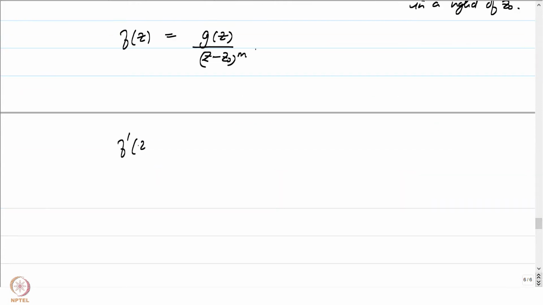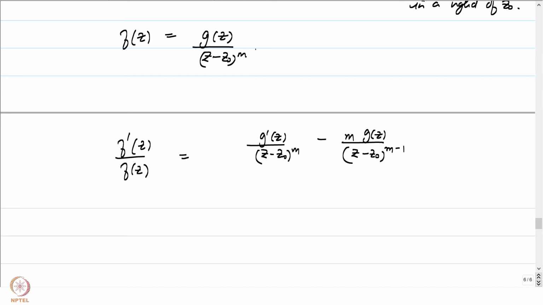Log derivative is going to be f prime of z by f of z, which is going to be equal to g prime of z by (z minus z0) to the power m, minus m times g of z by (z minus z0) to the power m plus 1, and divided by f of z, which is g of z by (z minus z0) to the power m.